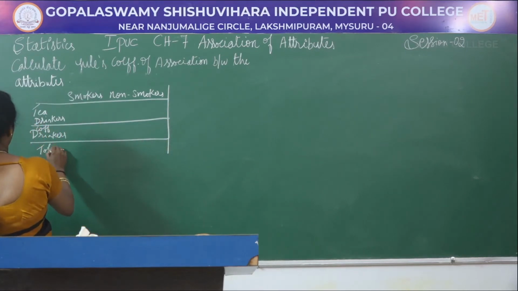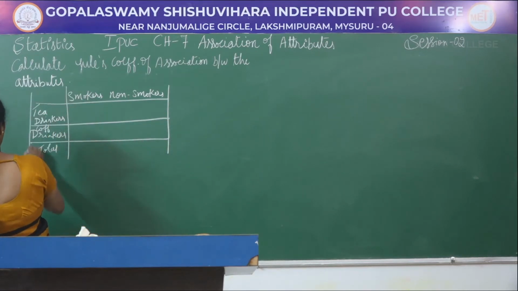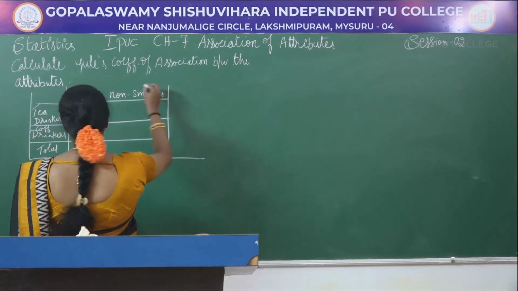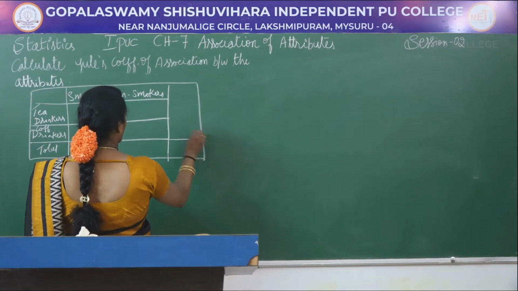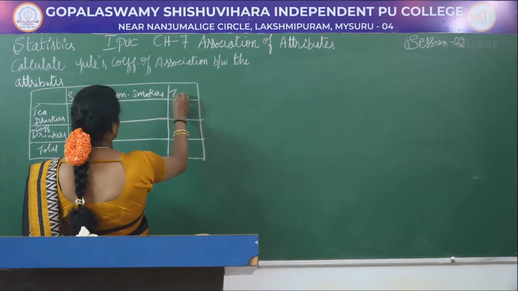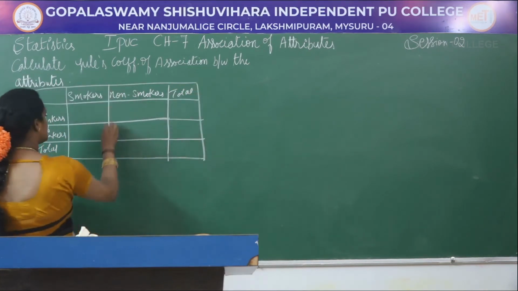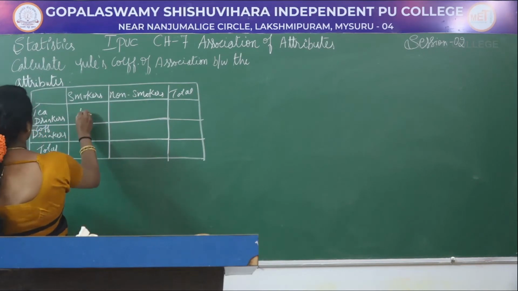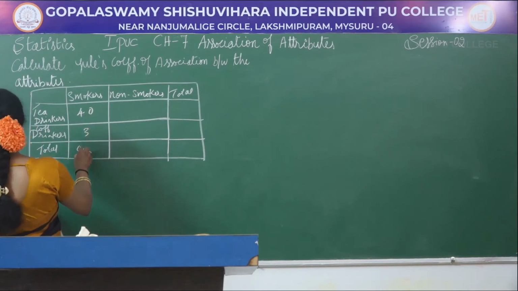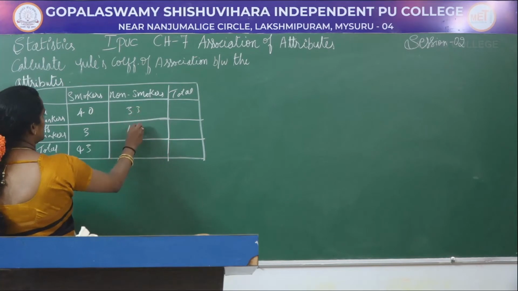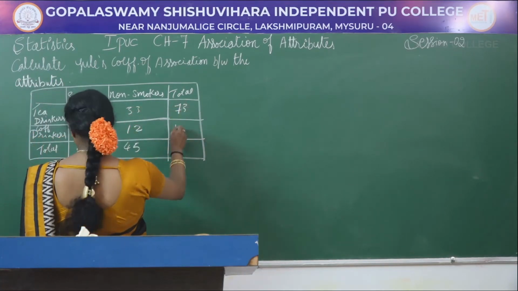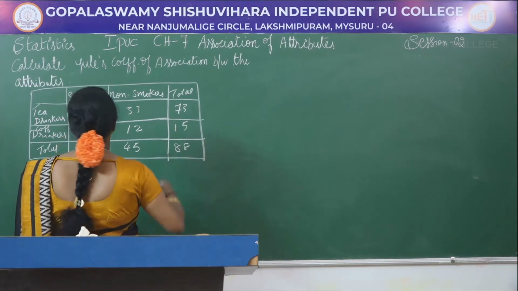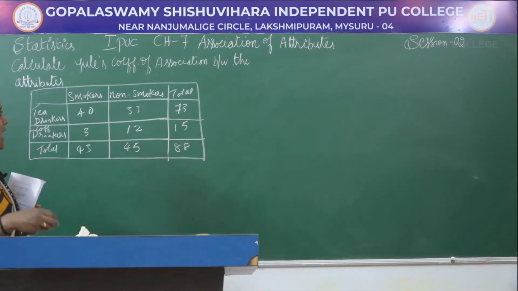Next it is total. Here this is total. It is 43, 43, 33, 12, 45. It is 73, 15, 88. So this is the data they have given.